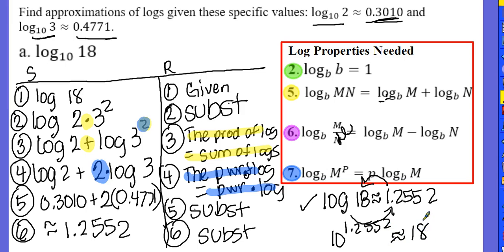I think it's 17.996 something. It's close. It's an approximation. Logs are usually approximations. That's why we go to 4 decimal places, so we can get a semblance of precision. Okay? So there's your verification.